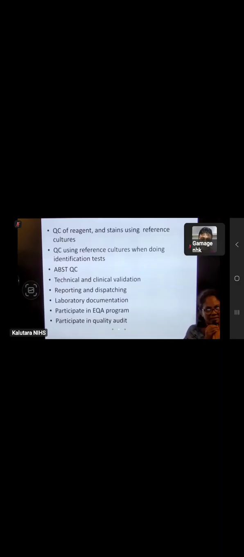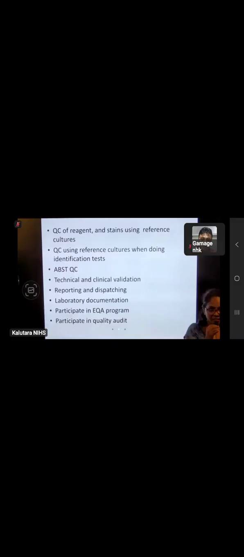And then after performing the test, technical and clinical validation, that is post-analytical, and reporting and dispatching. What action would you take in reporting and dispatching? And then the laboratory documentation, from when the sample is received to dispatching of the report. So everything you can write, documentation.